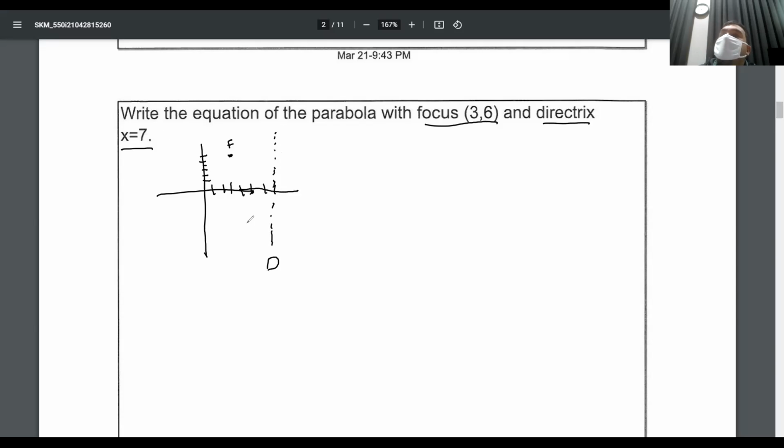Excellent. Since we know the directrix is vertical and the directrix is perpendicular to the axis of symmetry, that must mean our parabola is going horizontal. So we know our vertex has to be the same distance from the focus as from the directrix. So if this is at 3, 6 and this is at, let's say, 7, 6, where must our vertex be?